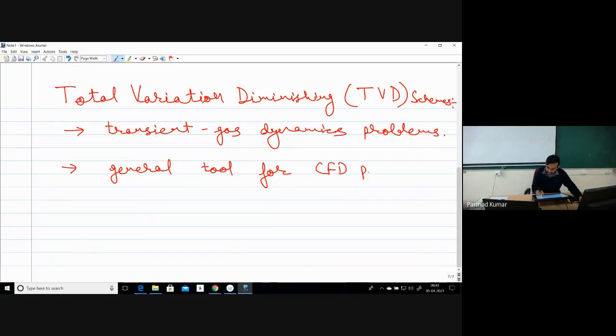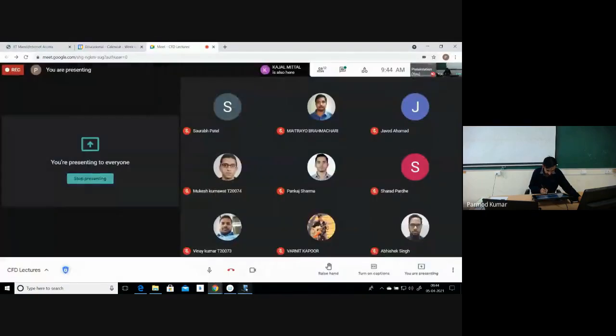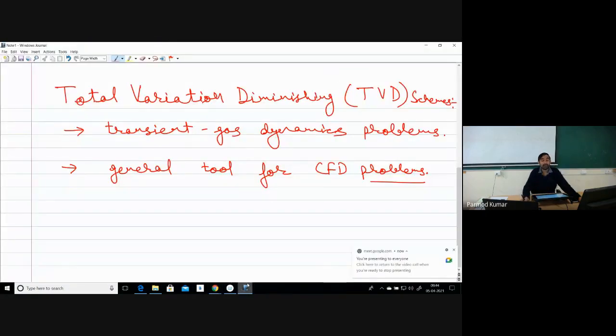By finding their suitability for having higher order accuracy and a stable solution, these schemes became general for our general purpose CFD solvers.